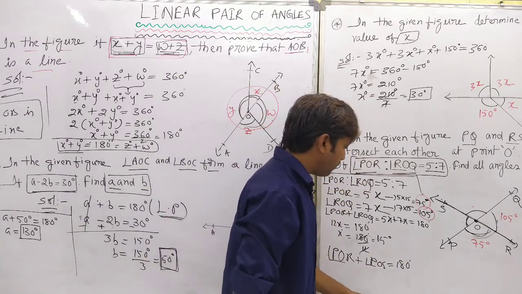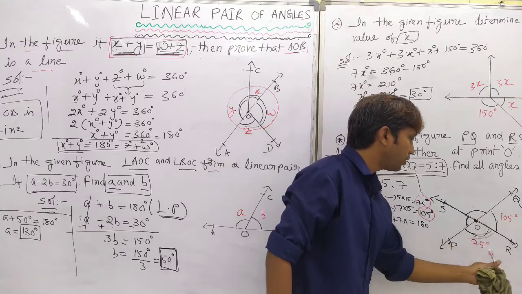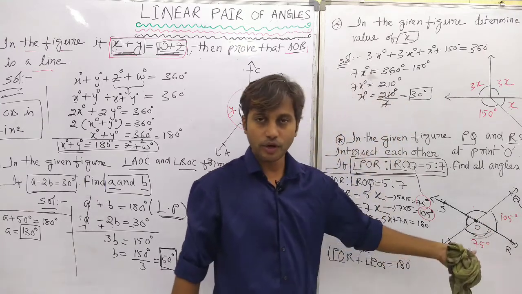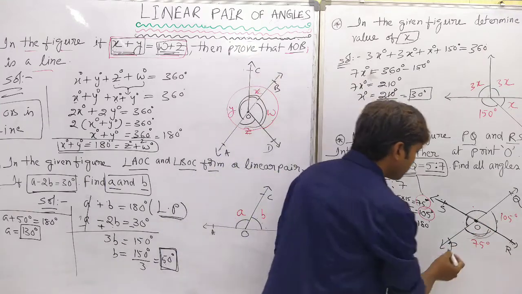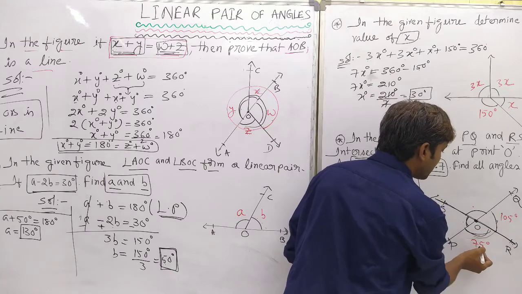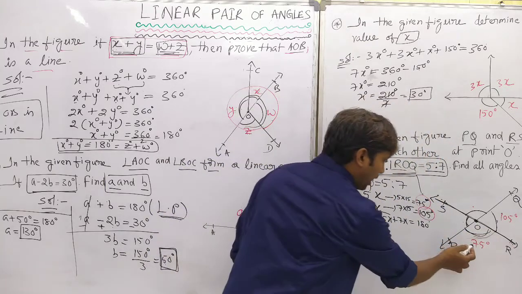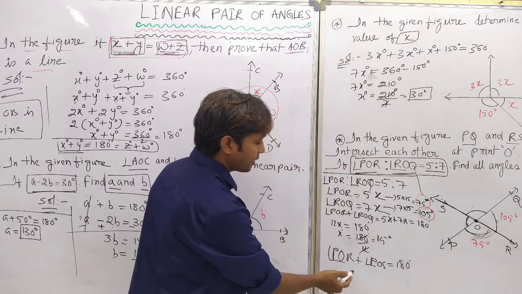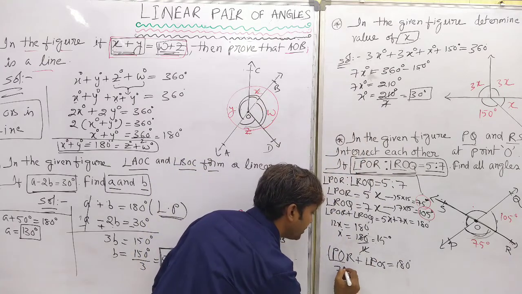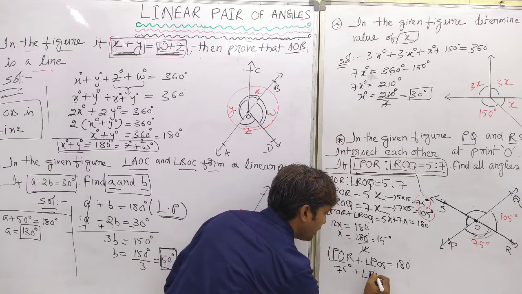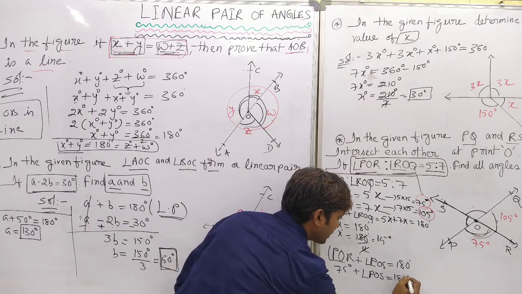As we just found, angle POR equals 75 degrees. So when POR is 75, put it in this equation: 75 degrees plus angle POS equals 180 degrees.